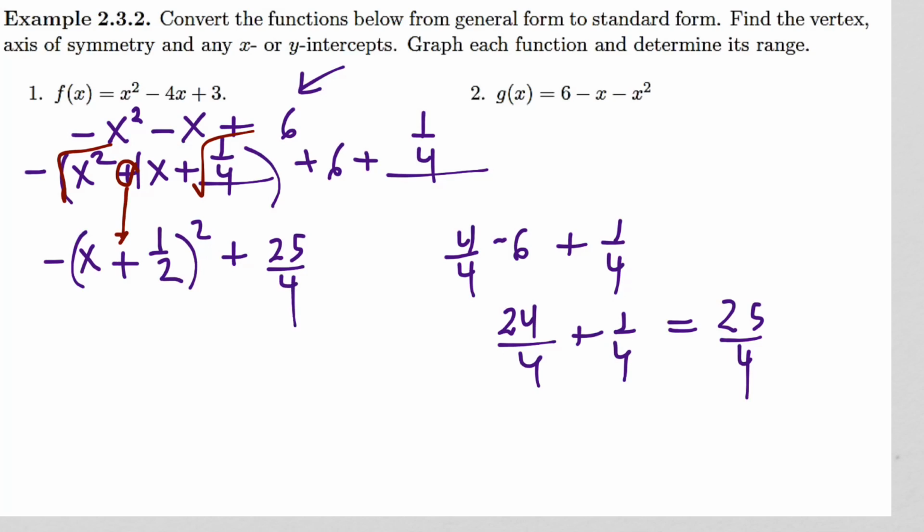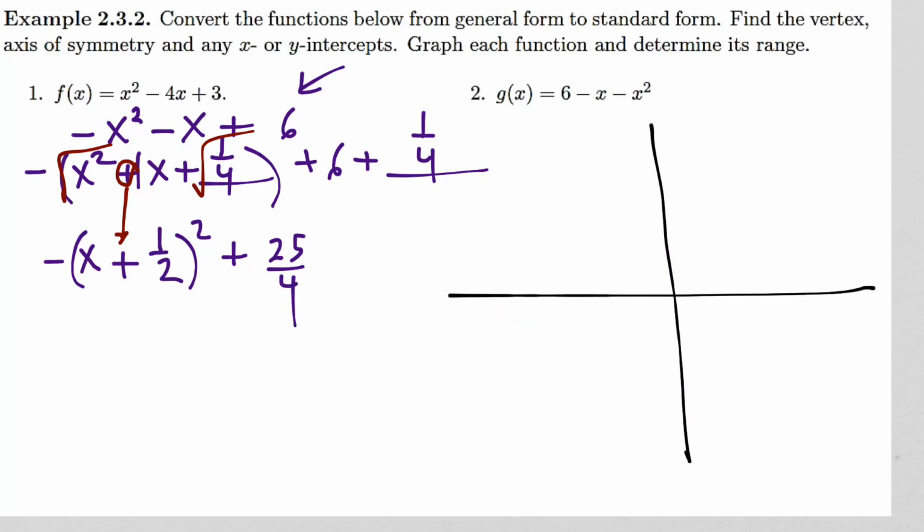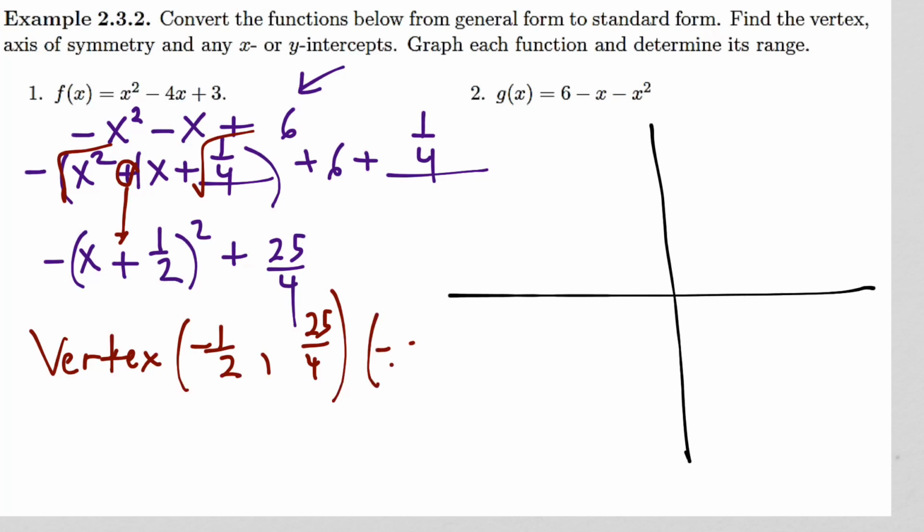All right, so 25/4 is the same thing as 6 1/4, 6.25. So my vertex, we'll call it vertex. Vertex is negative 1/2, opposite sign for the x, and then 25/4, or you could call that negative 0.5, 6.25, for help with the graphing.